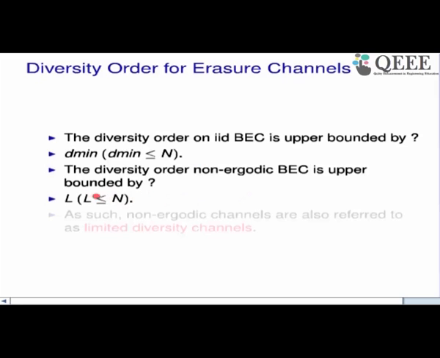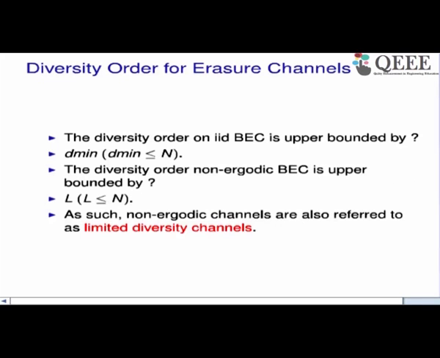So in fact, I could have made this bound tighter by saying L is less than or equal to D min, which is less than or equal to N. Okay. So as such, non-ergodic channels are also called limited diversity channels. So the diversity that they offer is going to be limited.